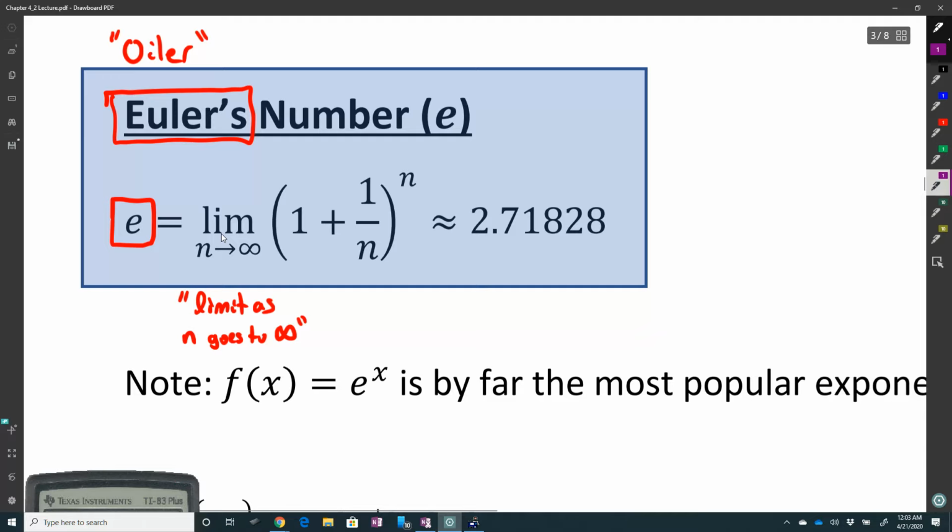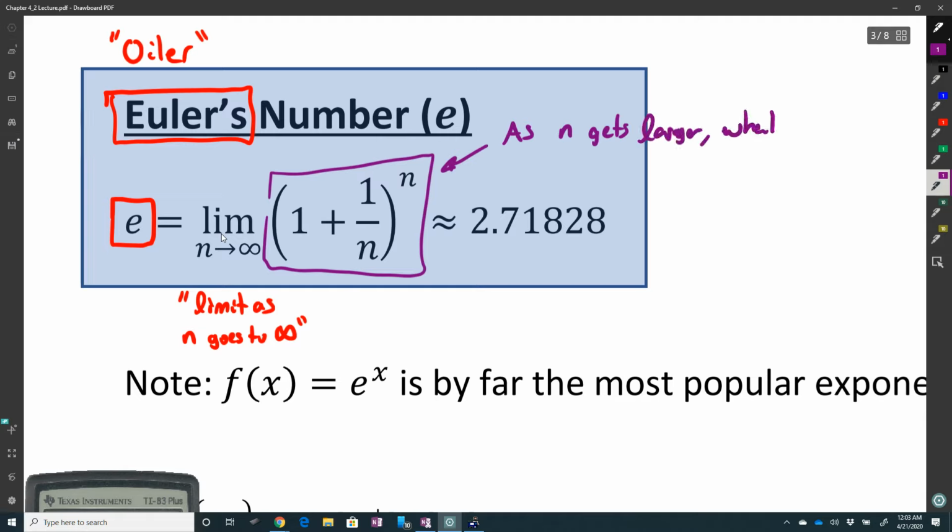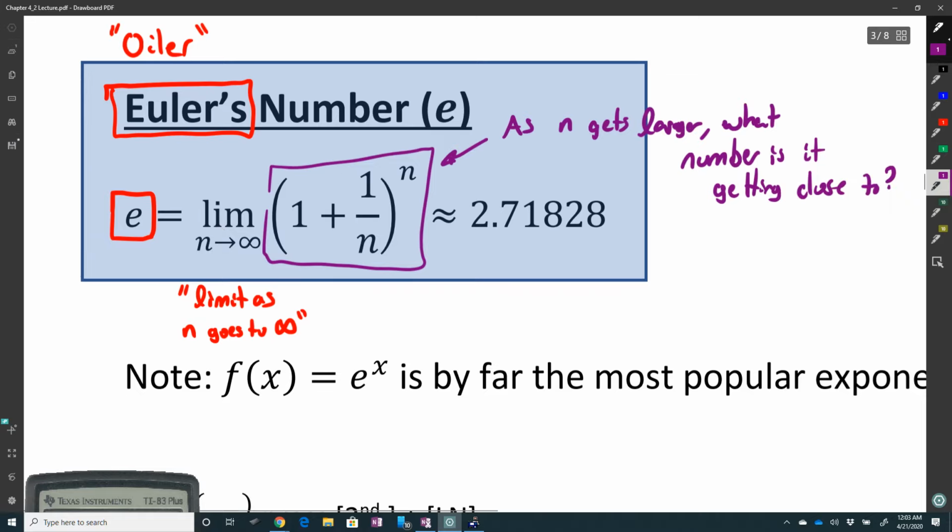As n gets bigger, what is that pattern getting close to? It turns out that number is this. And just like pi, it goes on forever. And so we just call it e.